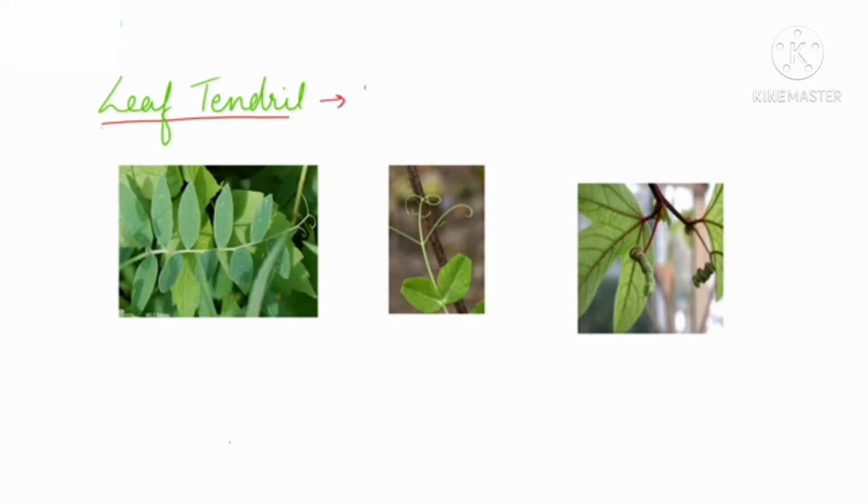It is a coil-like or spiral structure. As they touch any object, they coil around it and support the plant to climb up.